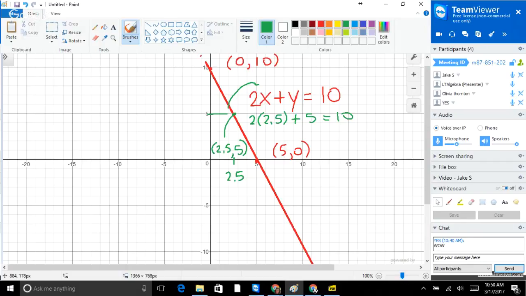And it does. 2 times 2.5 is 5. 5 plus 5 is 10. So anywhere on this red line that we just drew is an answer to the equation. So that's why graphs are really important in algebra, because there's multiple answers, right?